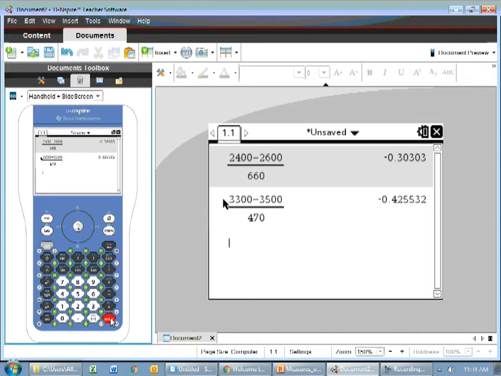Folks, we're working on number 6. Wait, number 6. What are the similarities between them?